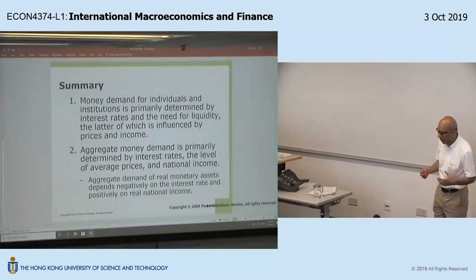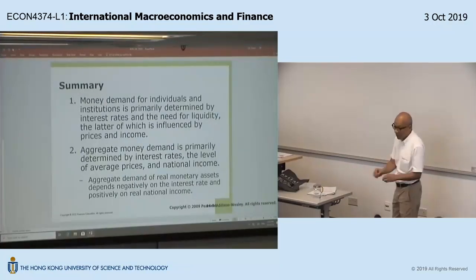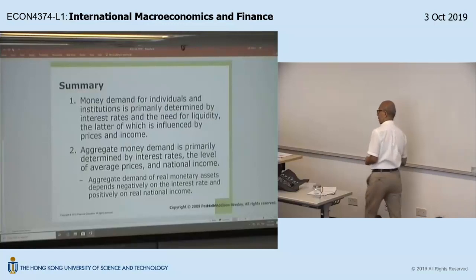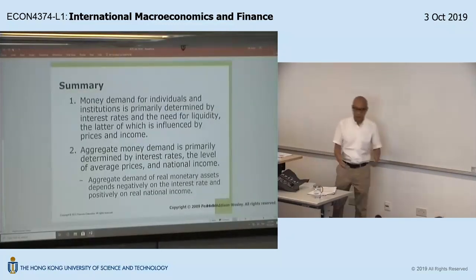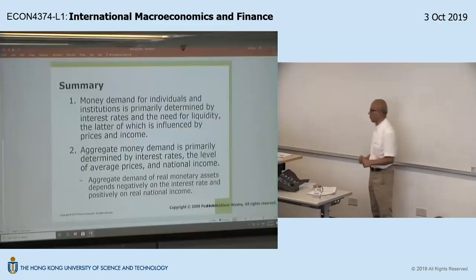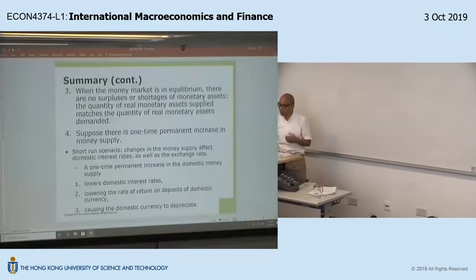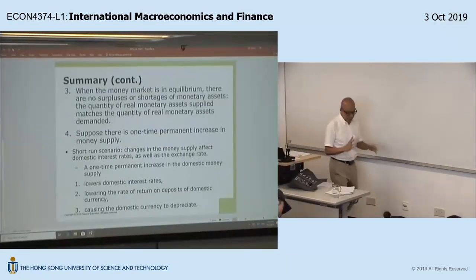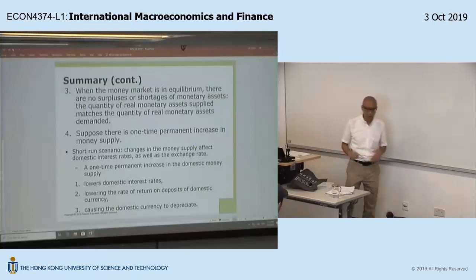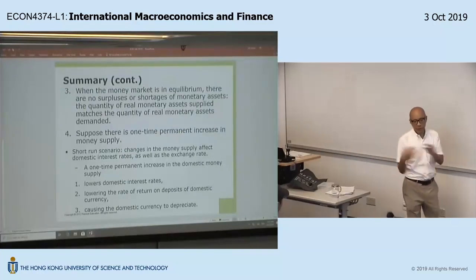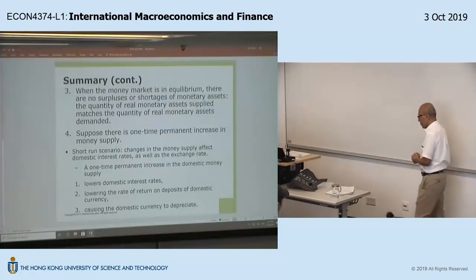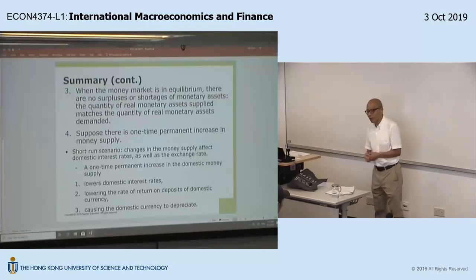The demand for money is a trade-off between liquidity and return to your asset, your monetary asset versus non-monetary asset. The nominal interest rate is the opportunity cost of holding money. So we can also say that money demand is actually the flip side of the demand for interest-bearing assets, right?